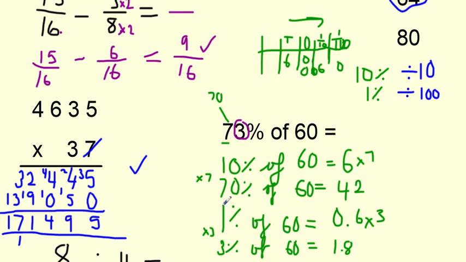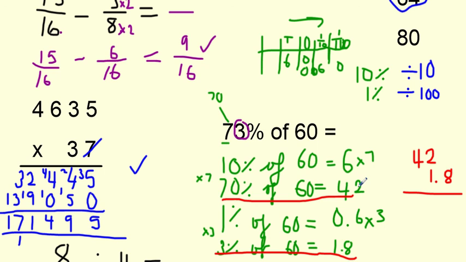So now I know what 70% is, and I know what 3% is. So I've got 42 and 1.8, and I could add those together mentally. 70 add 3 makes 73, so I've got to add these answers together. So I would get 43.8. So 73% of 60 is 43.8.